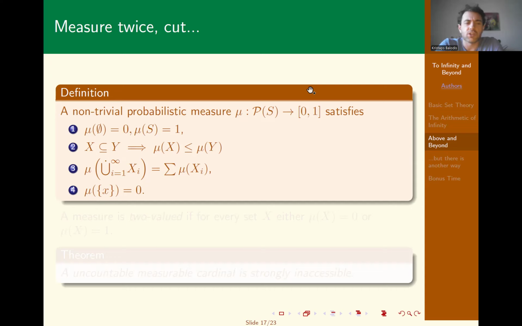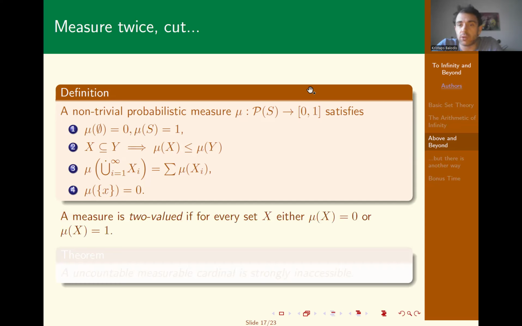The one thing that's different is, for all x in S, I should have written, we're going to say that singleton sets also count as 0.